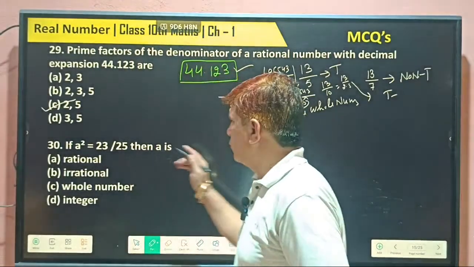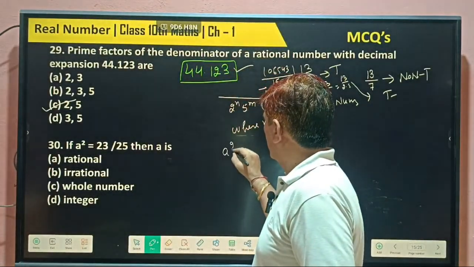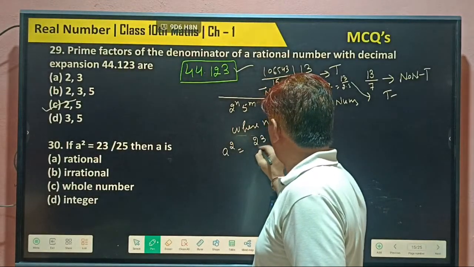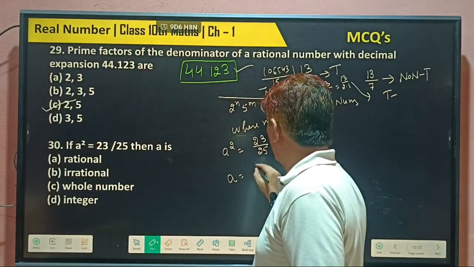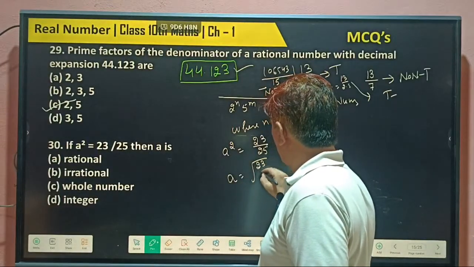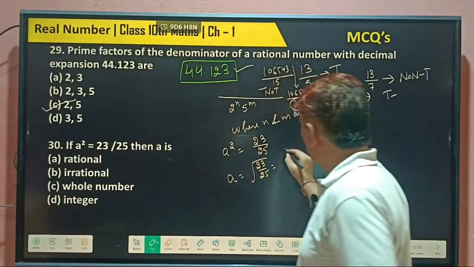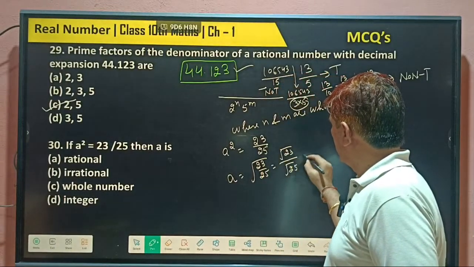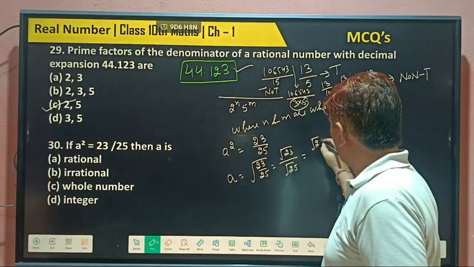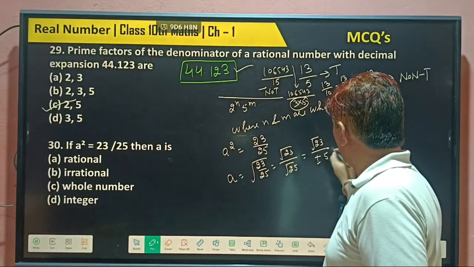Understood? This is given: if a square is equal to 23 by 25, then a is equal to the square root of 23 by 25. This we can write as root 23 over root 25. And this we can write as root 23 by plus minus 5.